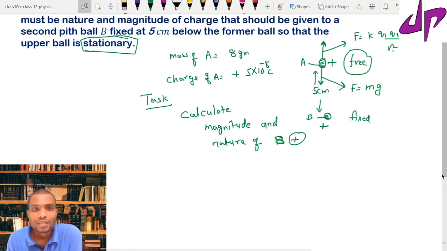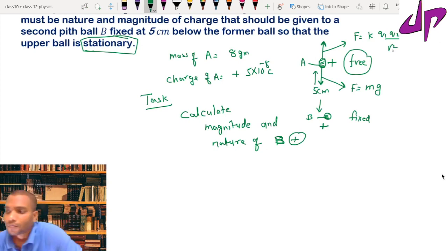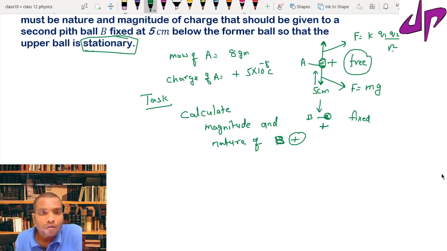Now you just make these two forces equal, since your task is that ball A should be stationary. For that you need to equate the two forces. F equal to mg, and F equal to the upward force, Coulomb's force, K times Q1 Q2 by R square.